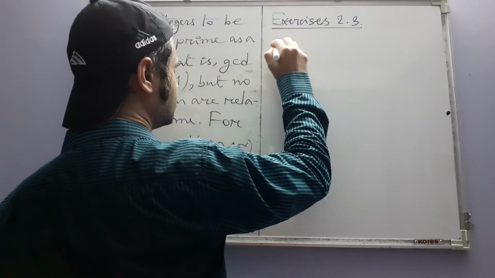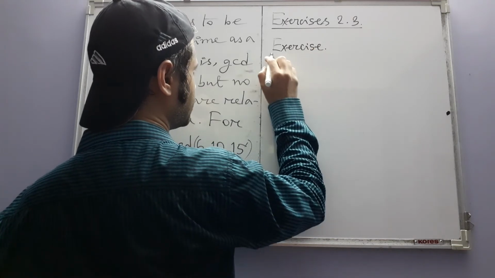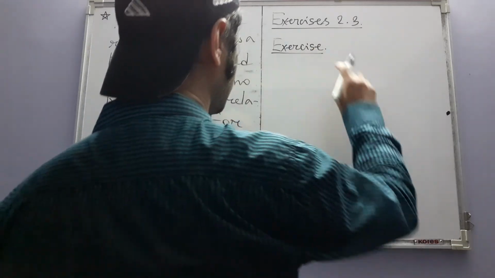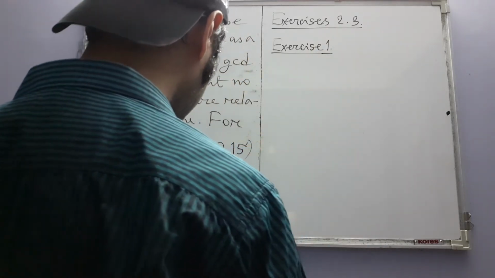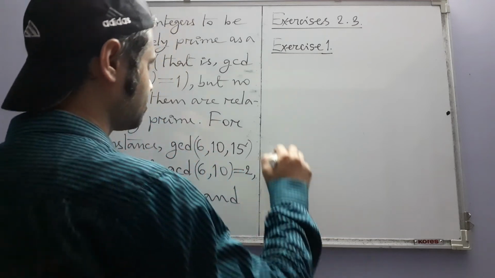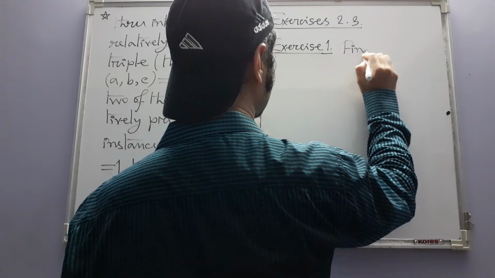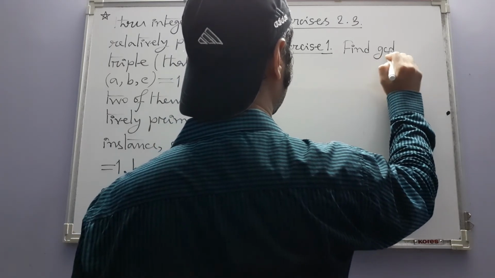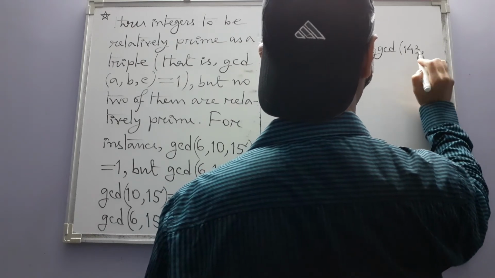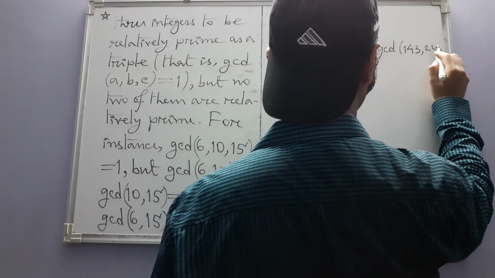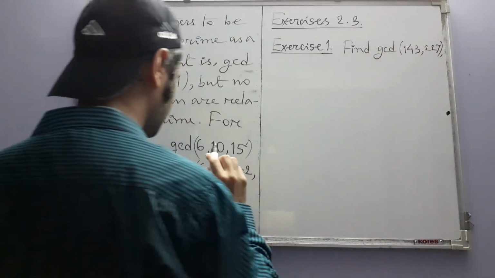So the first one is nothing new. It asks us to calculate the GCD of two integers using of course the Euclidean algorithm, because that's what we have now. Find the GCD of 143 and 227, that is one.